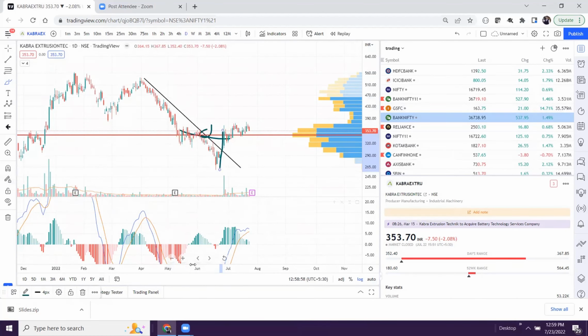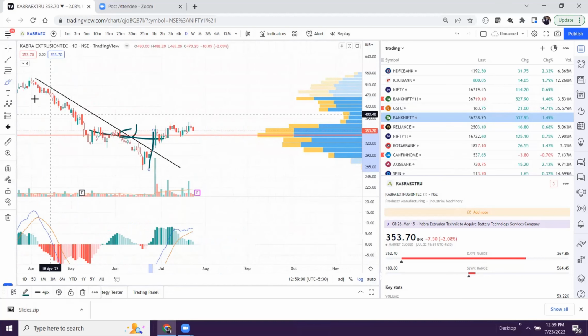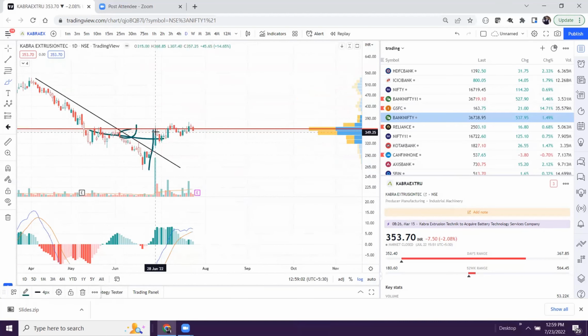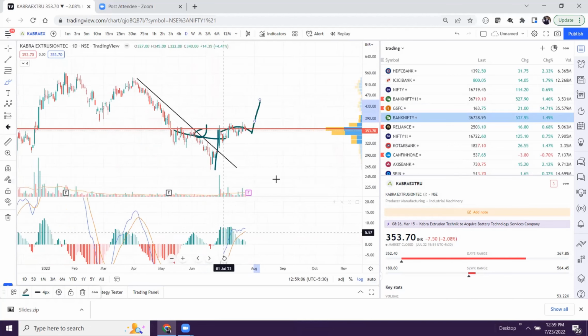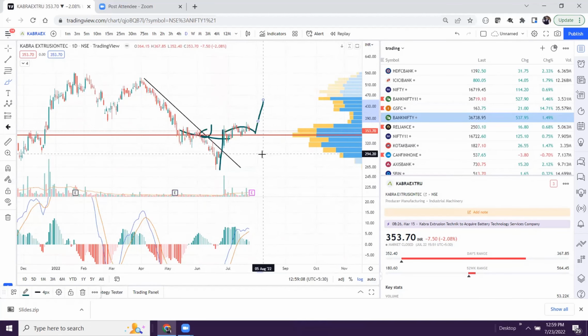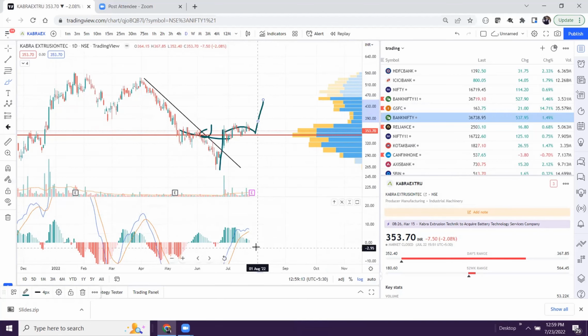And you are getting a corrective structure, which means after this correction you will get one more move up, right? In that move you have to tell whether you have to exit from the stock or not, because if you get a divergence on making the top, then it means that this is most probably a corrective structure only. But if there is no divergence and momentum is very strong, then you are expecting one more move up. So this is how you trail.